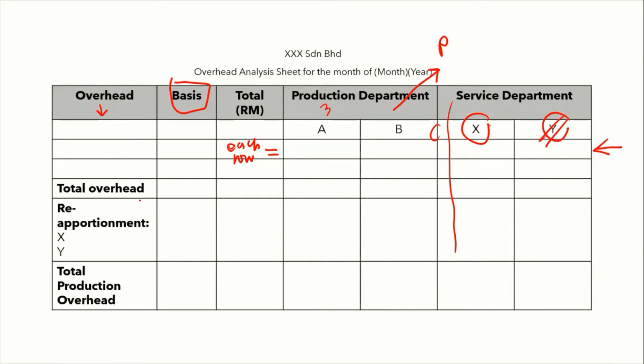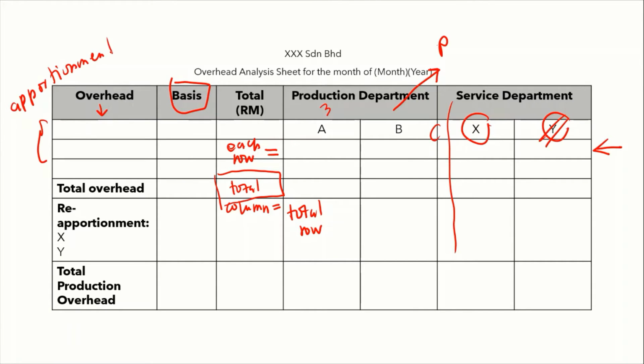The total overhead here, the total of the column, equals the total of the row. So in this box, the column total will be the same as the row total. This part is the apportionment process.